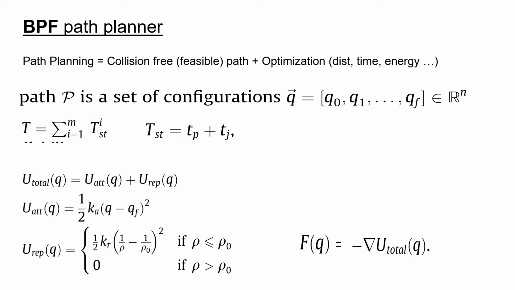Rho is the shortest distance to the obstacle, and Ka and Kr are the scalar variables that represent the attractive and repulsive gains respectively. The mobile robot navigates by the total force given by Fq, which is minus the gradient of U total of Q.